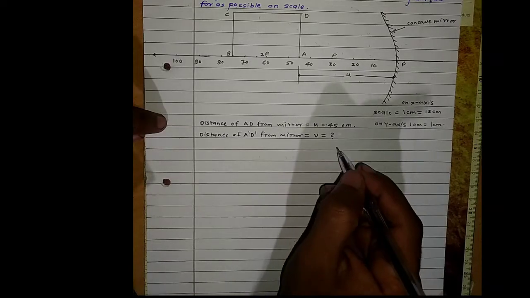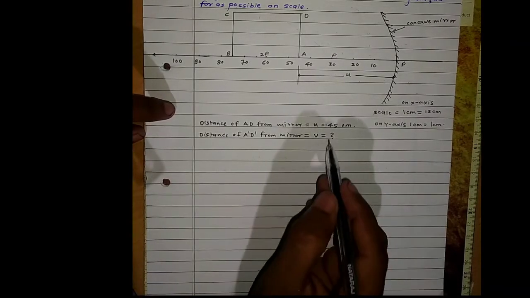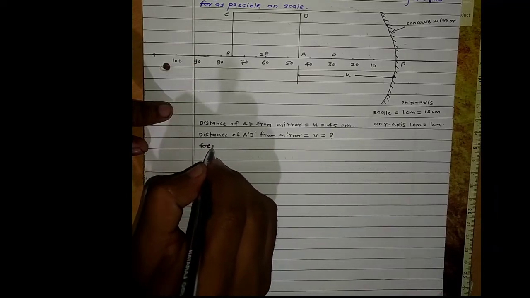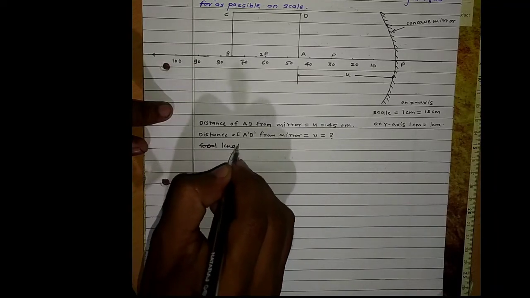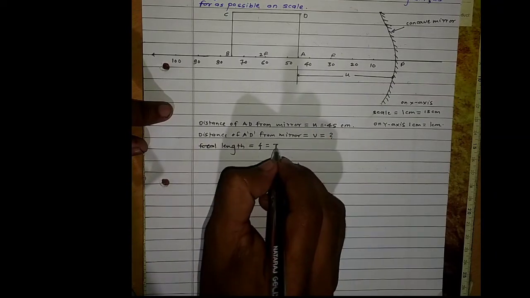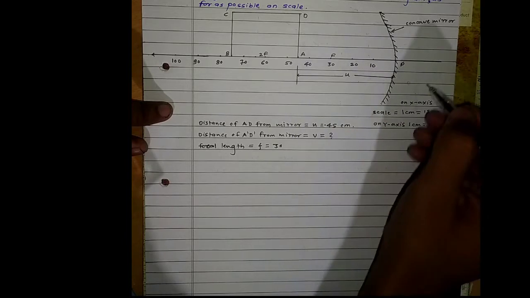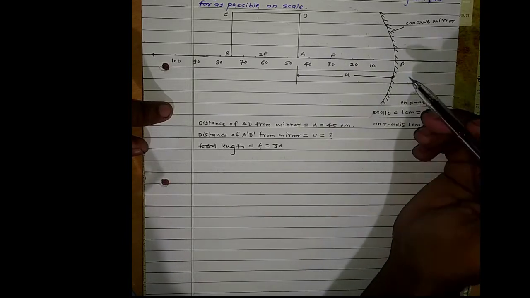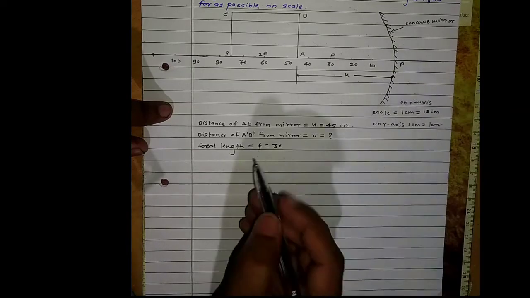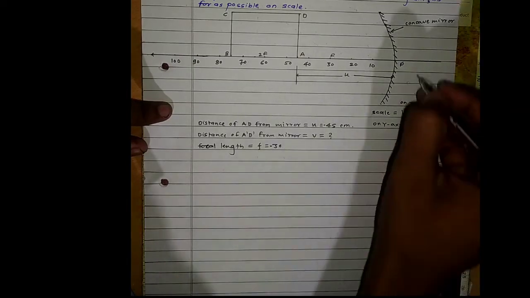We don't know it, so let's put a question mark. We need to calculate it. And the focal length is f, and it is 30. Again, that is in front of the mirror, which means by sign convention, whatever goes on the left side of the mirror is minus. So f is also minus.